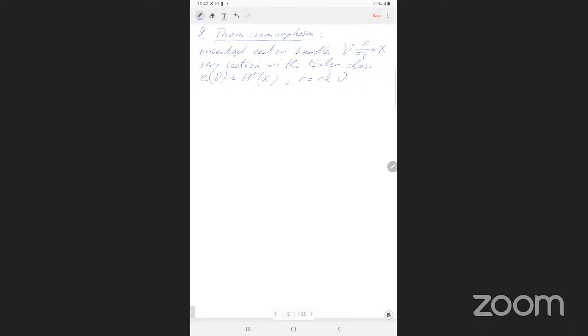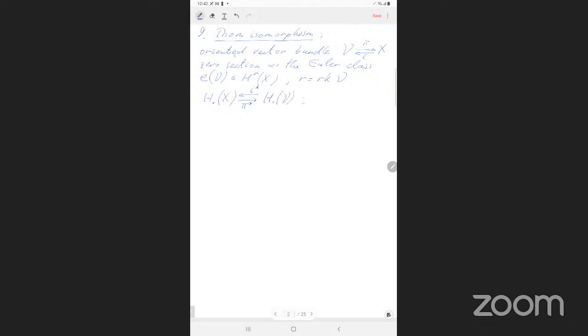Okay, so then we have the morphisms between Borel-Moore homology. So this is the pullback with respect to the zero section and the pullback with respect to the projection.